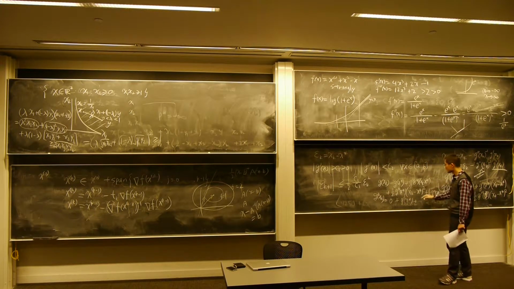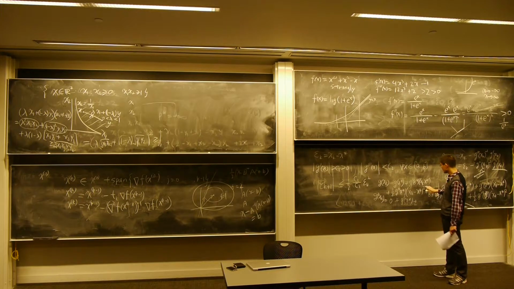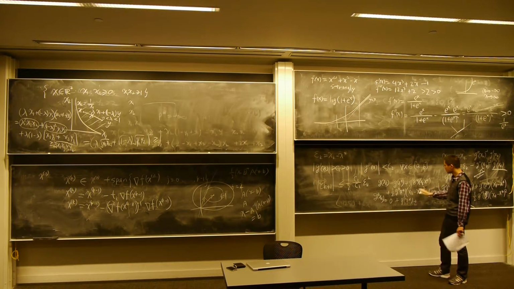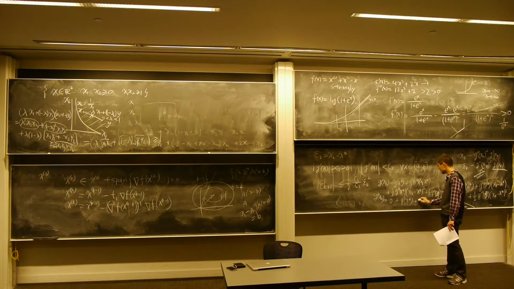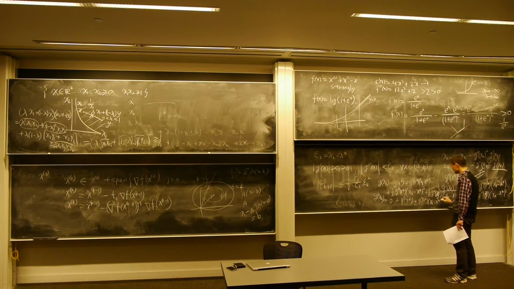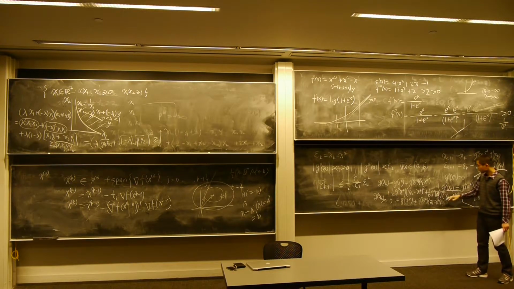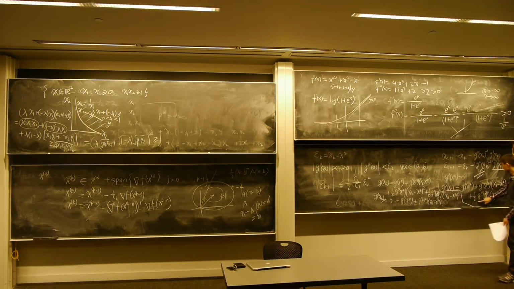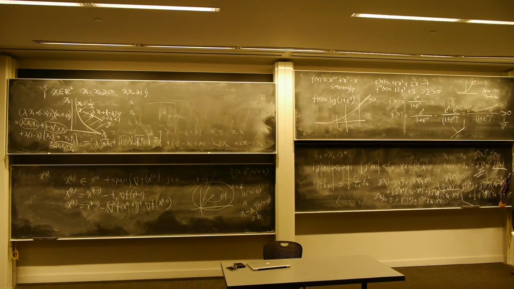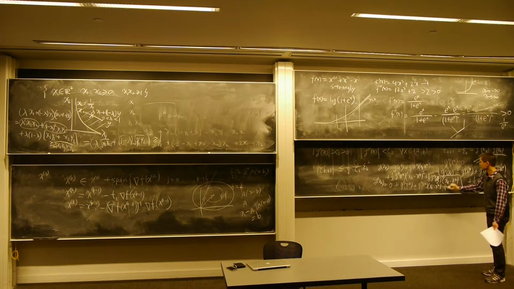And this is a square, so you follow the rule of square. You get g double prime x star times xk minus x star. And here you have xk minus x star to the third, so you follow the differentiation rules for the third power. You get this term. Basically, you get the same Taylor expansion.